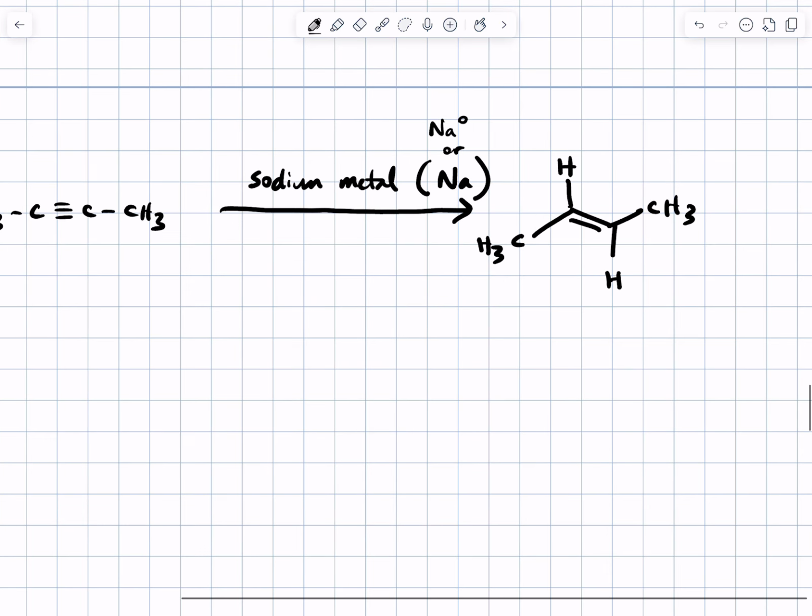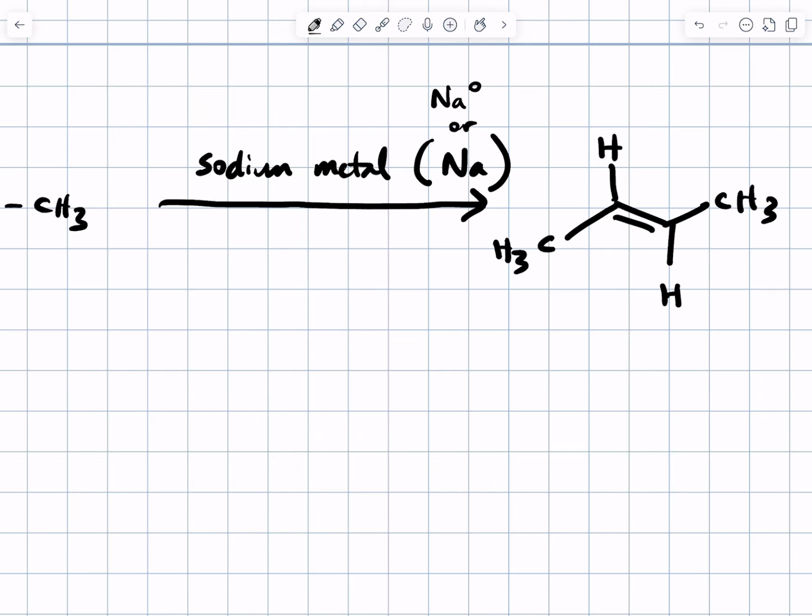But your text will not usually use that superscripted 0. That indicates that the sodium is not sodium plus, it's neutral sodium in its metal oxidation state. The other component of this reaction mixture is liquid ammonia.